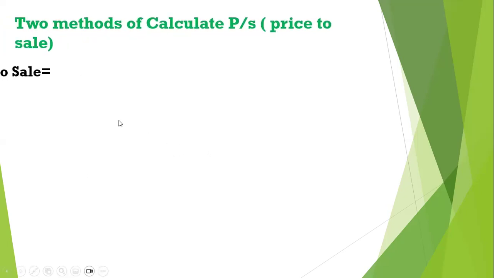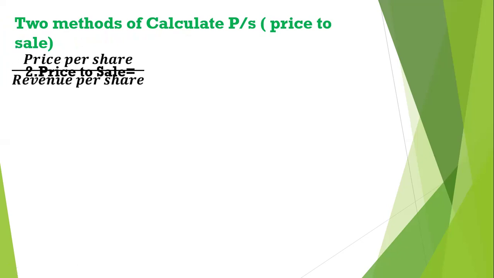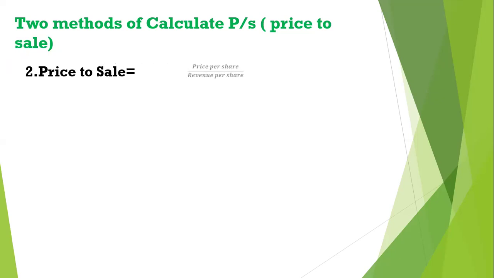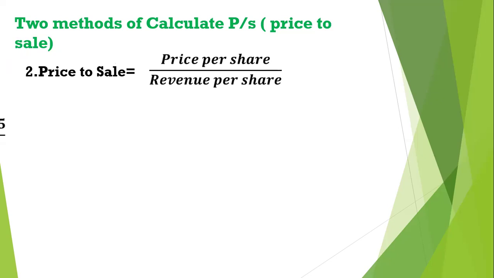Now when you look at this, you go back to your finance, type in BMO.TO, and you will see the price per share there. At the time when we did this video, the price was 133.25. Then bring your revenue per share, which is 43.